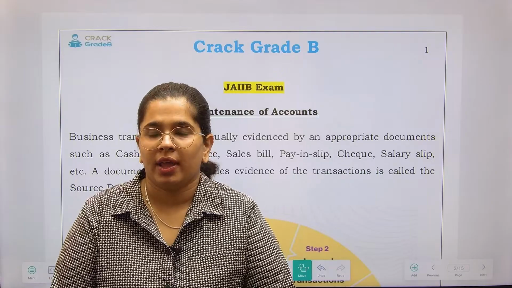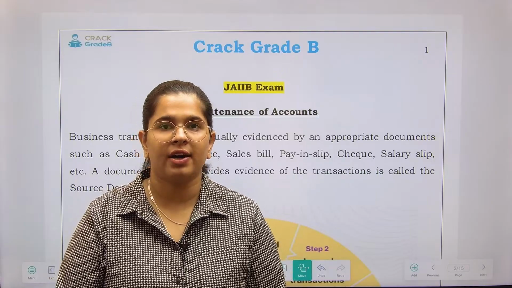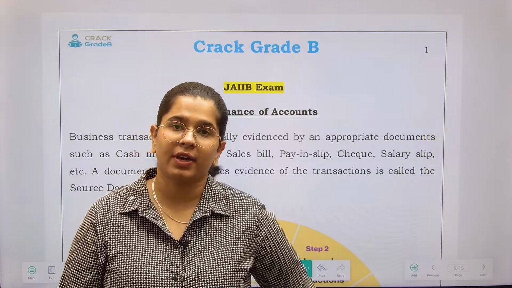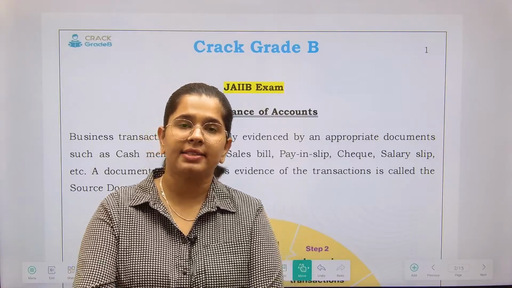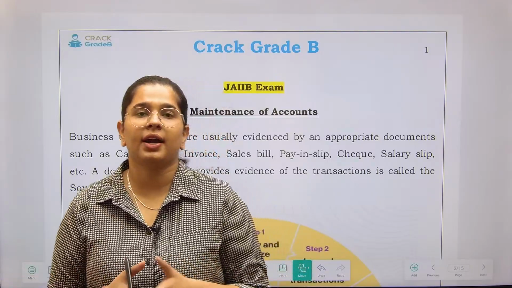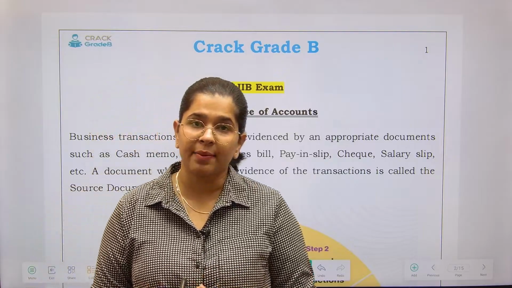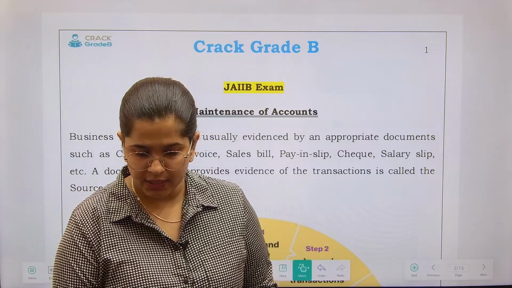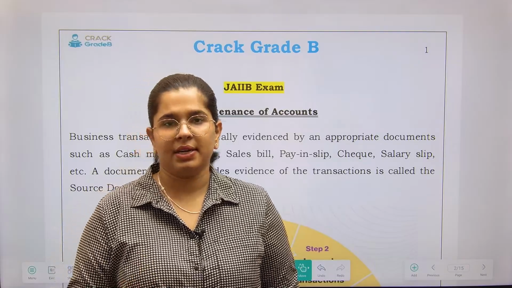So we are here with the second part of our session, that is your maintenance of accounts for the JAIIB exam. Yesterday we saw how many accounting principles there are and examples of them. Today we are going to see the maintenance of accounts.